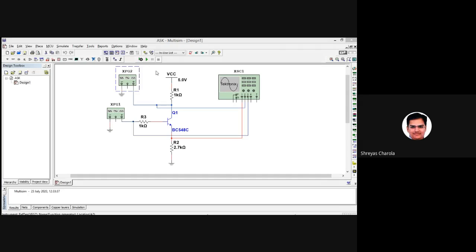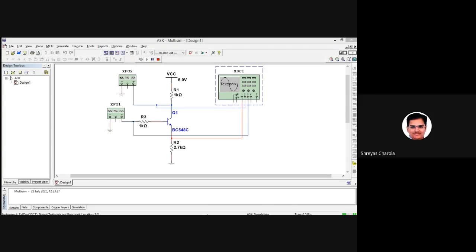Okay, so now let us run the circuit and look at the output on this oscilloscope. One input, the red color, is the output I am taking from this transistor. Another input I took from the carrier, and the third from the digital signal.